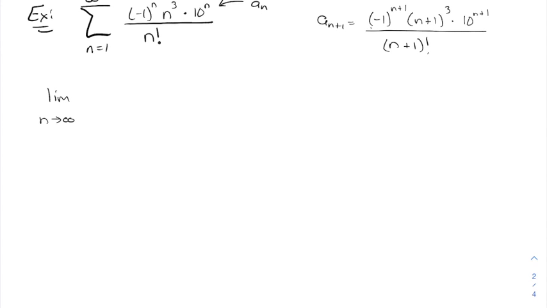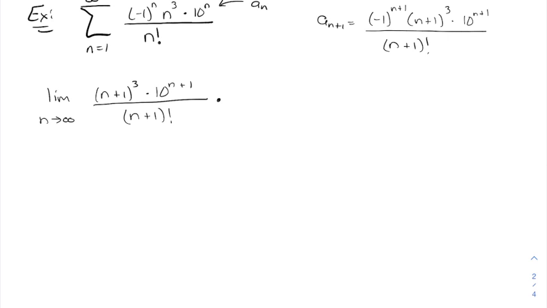Now I'm going to leave off the (-1)^(n+1) because we're taking the absolute value. So we can get rid of that. But I've got (n+1) cubed times 10 to the n plus 1 divided by (n+1) factorial.